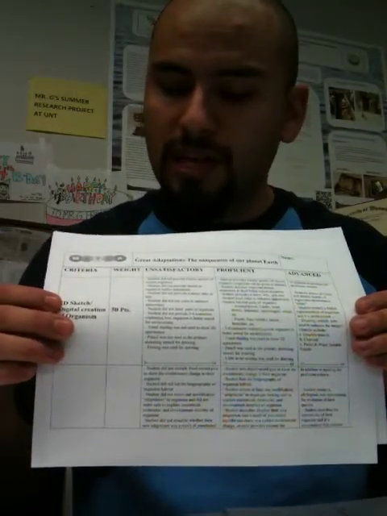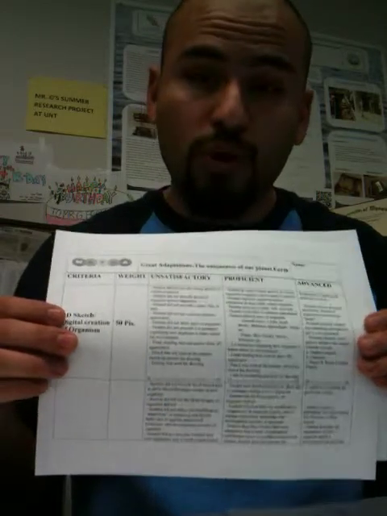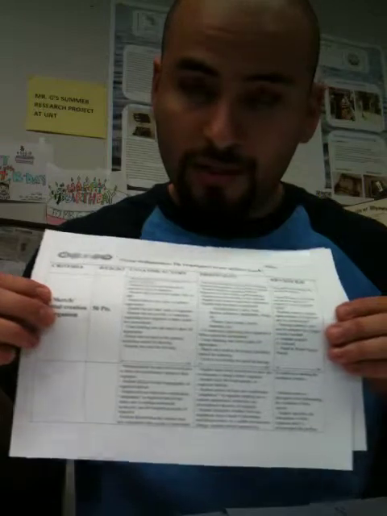So it's 3 pages, and it's worth 200 points. The kids have to create a 2D sketch. That's worth 50 points, and the criteria is found on the rubric. The students also have to put together a presentation of their liking.